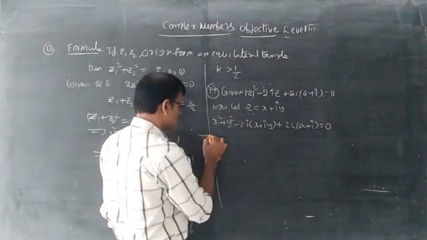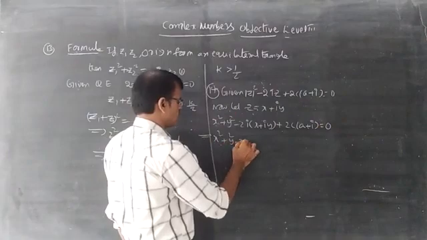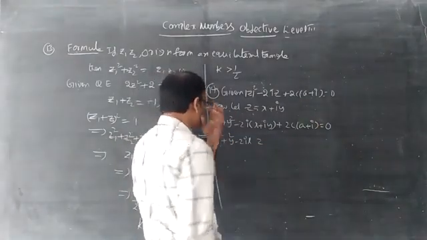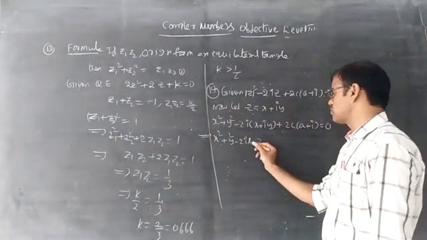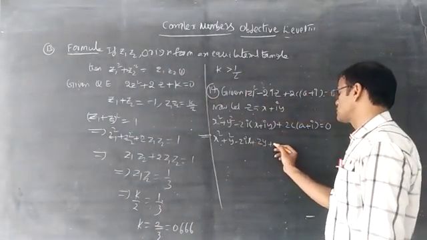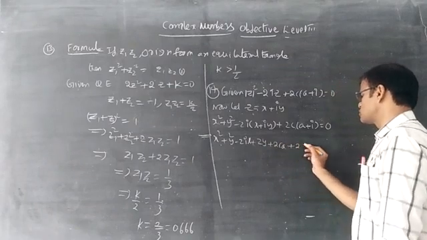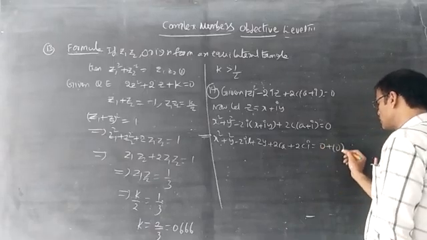That implies x² + y² − 2ix − 2i²y, where i² becomes minus 1, minus of minus becomes plus, 2y + 2ca + 2ci is equal to 0 + 0i.